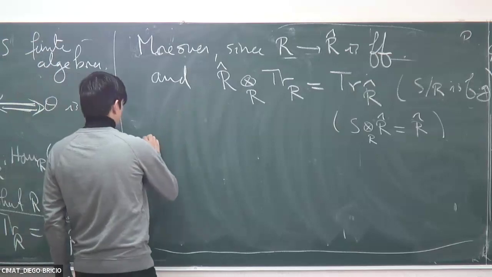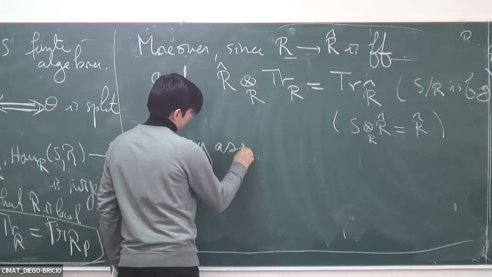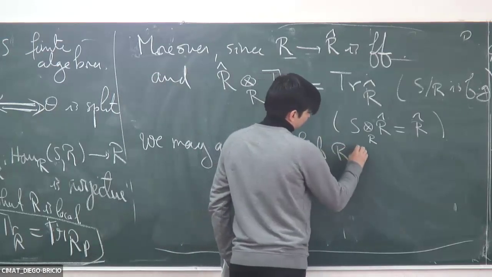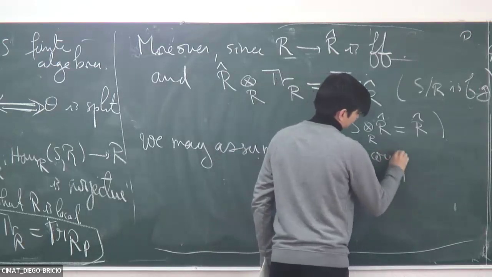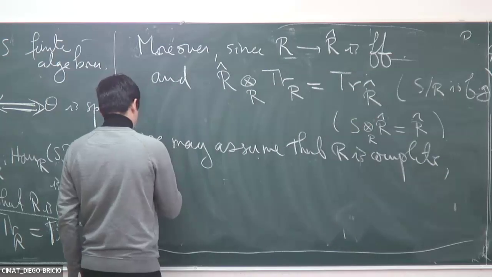So because of this, what is the conclusion? We may assume that R is complete. And so we are done by the previous theorem.